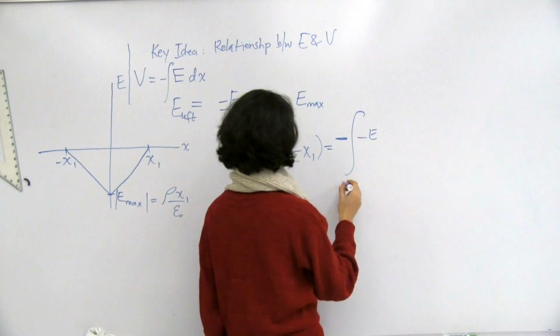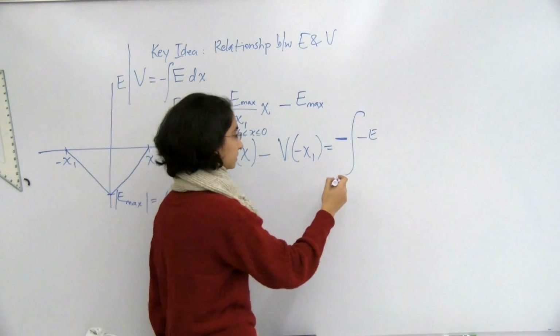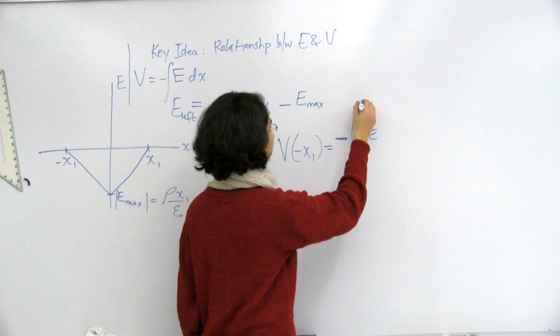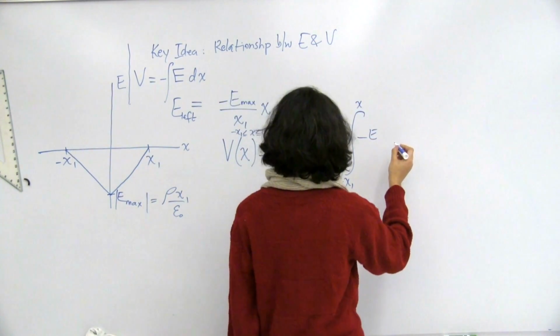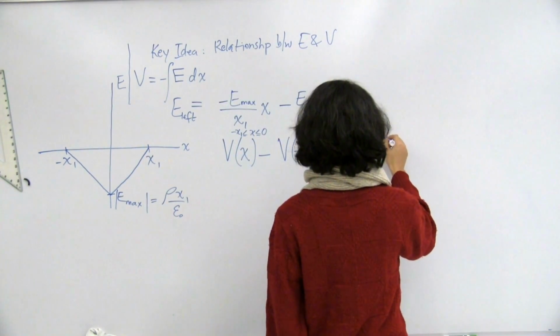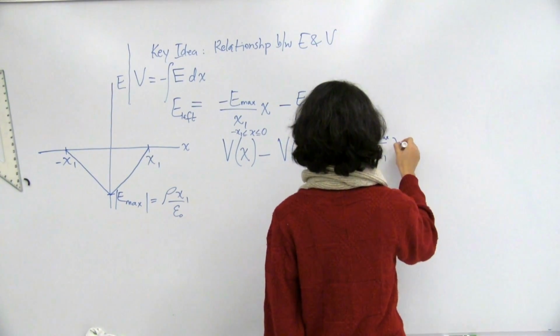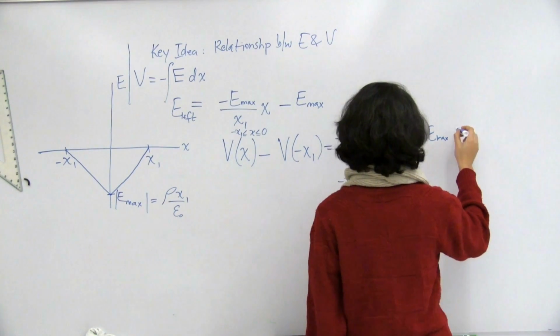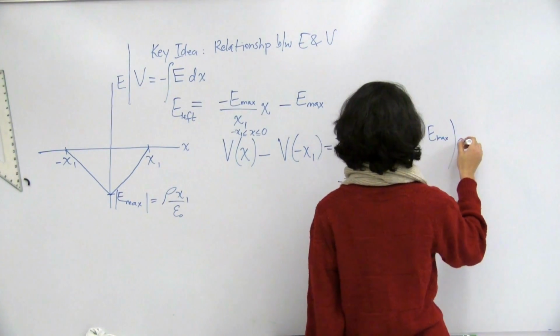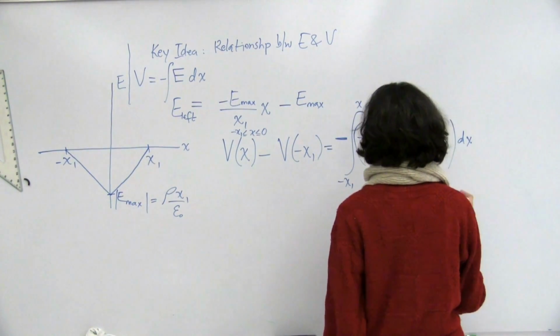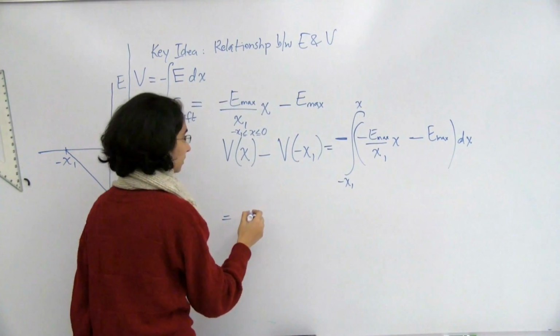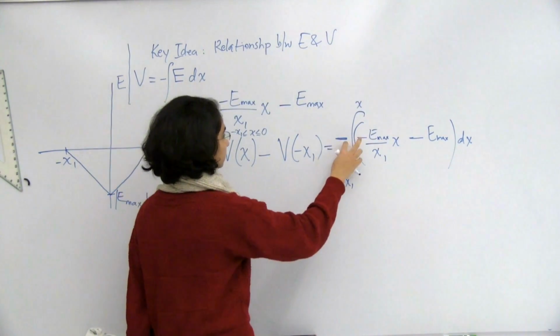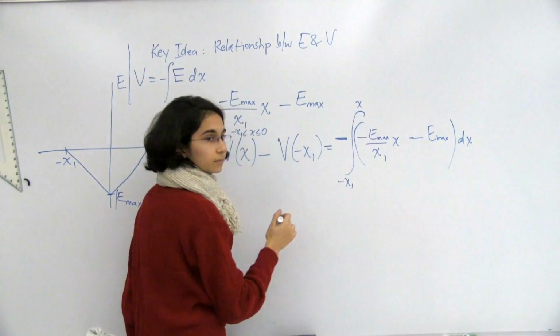My limits are going to be what I wrote down, negative x1 to x. Then we integrate that, and those negative signs just become positive.